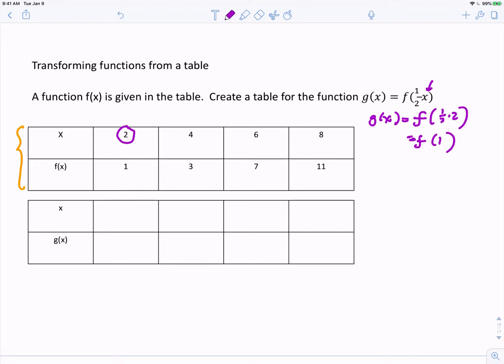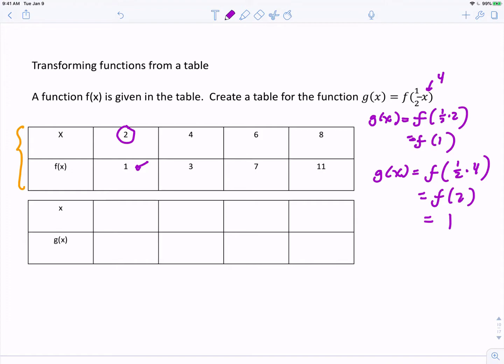Let's try another example. What if we put in a 4 for x? Then g of x would be equal to f of 1/2 times 4. Well, that would be the same as f of 2. And what is f of 2? From our table, we can see that f of 2 is equal to 1.